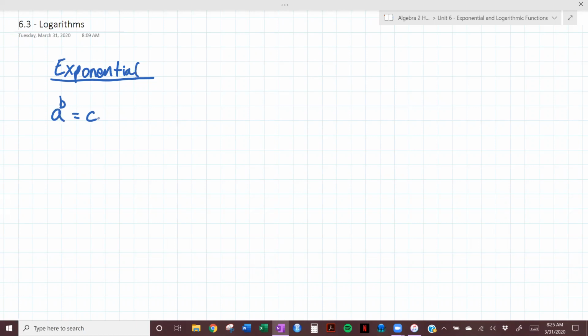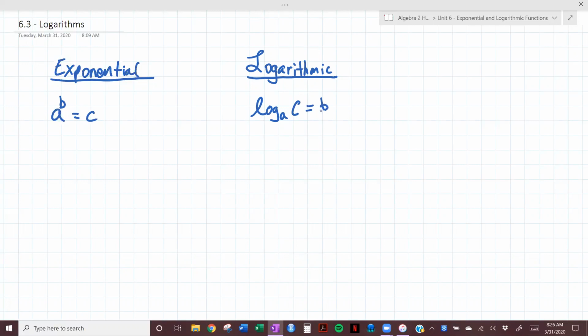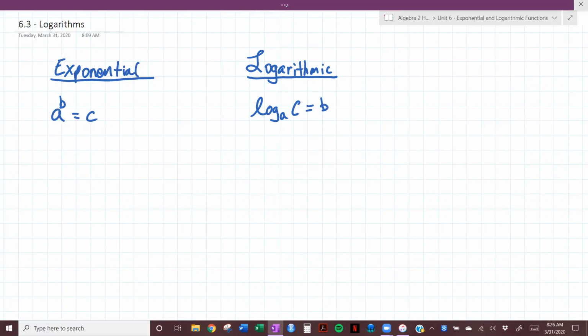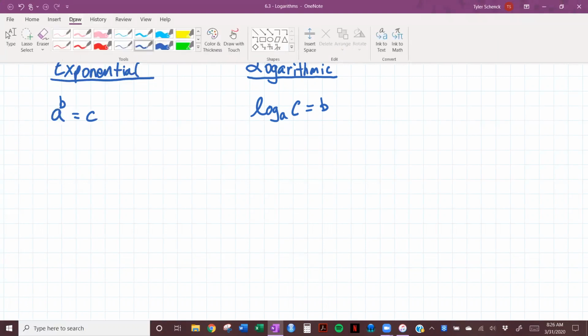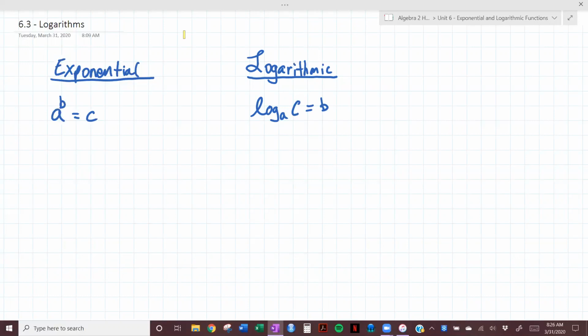Okay, for logarithmic form, it is log base a of c equals b. Okay, so the things I want you to keep in mind are base goes with base.